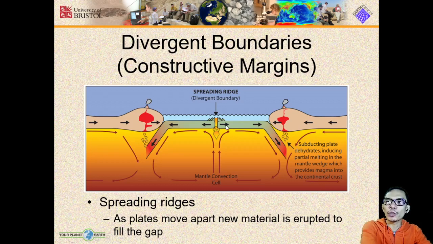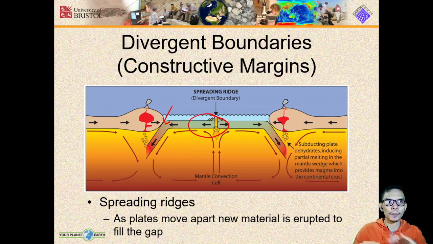As it does so, new material is being dumped at the middle of this boundary that you have right here. As the new material is being dumped here, the older material is pushed away from each other, and the material over here is somehow older than the one at the middle.